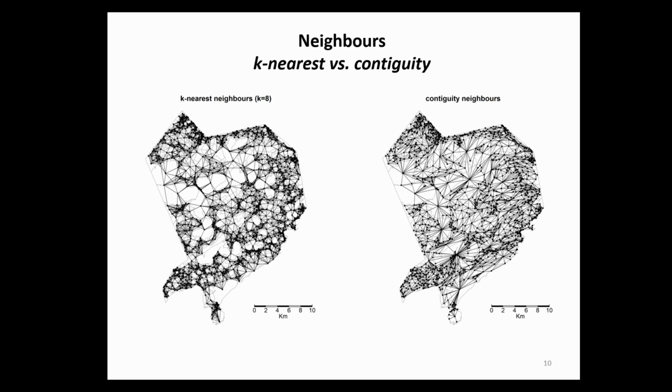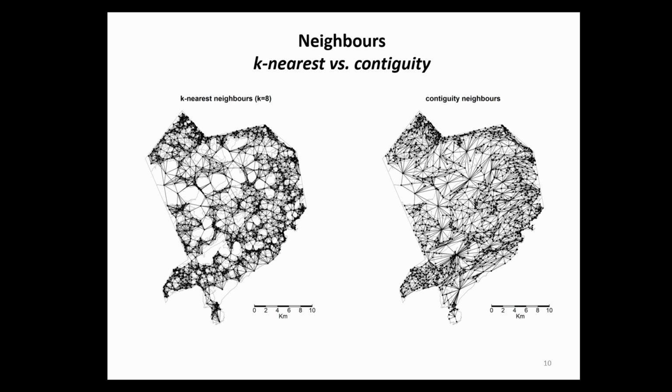In our case, I don't think it's suitable, because contiguity neighbors assume that each area is distinctive, whereas in an archaeological dataset like this, the boundaries might be conventional, might not be real.